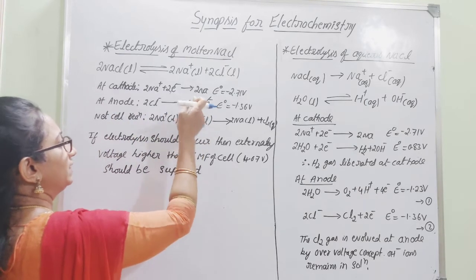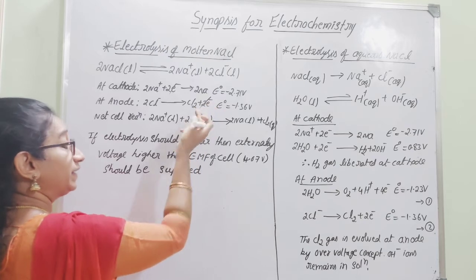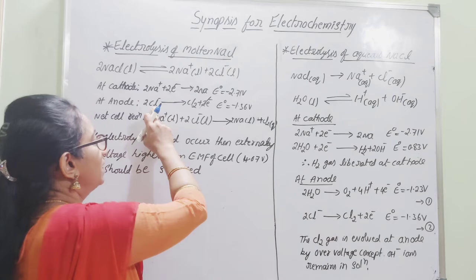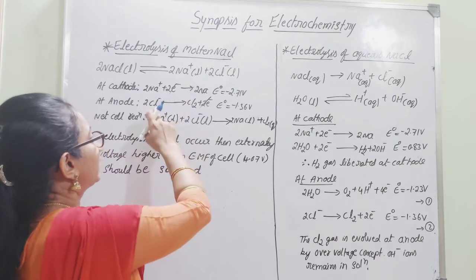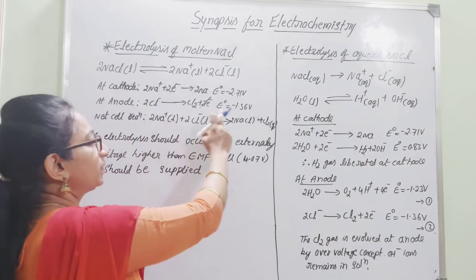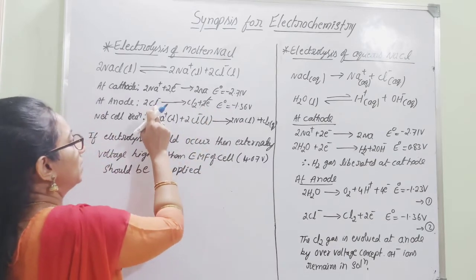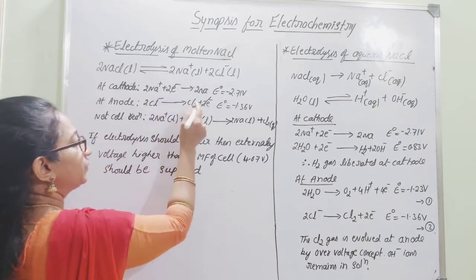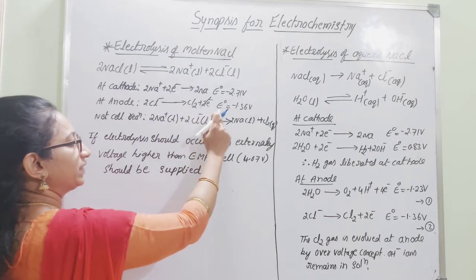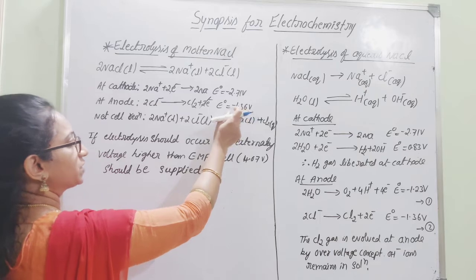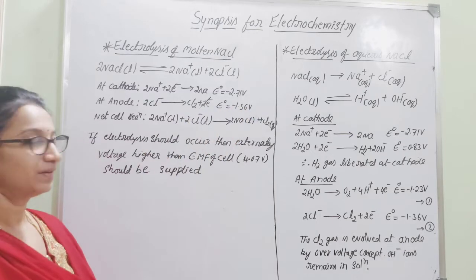With the release of two electrons, there is easy conversion of chlorine to give chloride ions. So chlorine can easily get converted into chloride ion, and its reduction potential will be positive. But the opposite reaction is occurring here. Hence, Cl- is converting into Cl2. It has the same value but with a negative sign. So here the reduction potential value is negative.